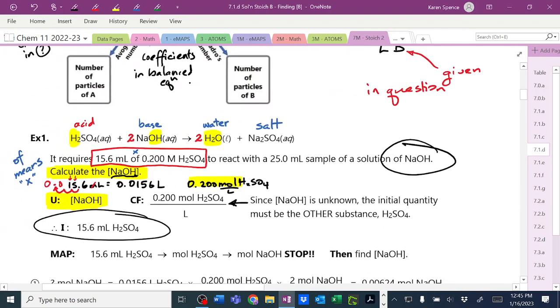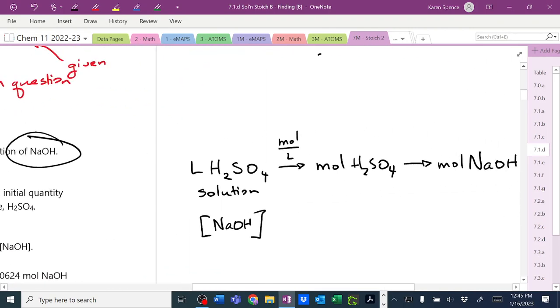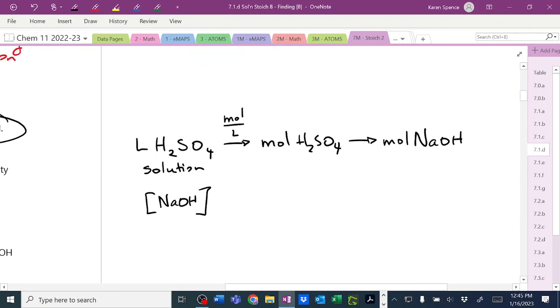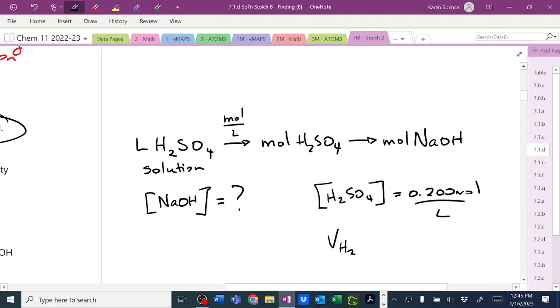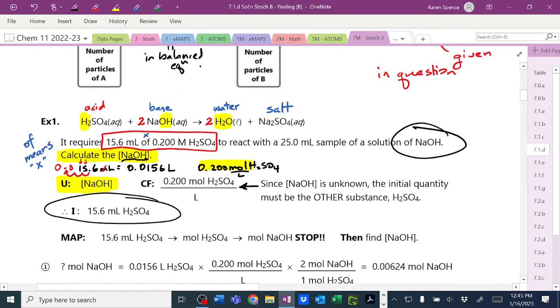Okay, let me just grab the numbers here. We have 0.2 moles per liter. Concentration of H2SO4 is 0.200 moles per liter. The volume of H2SO4 is 15.6.